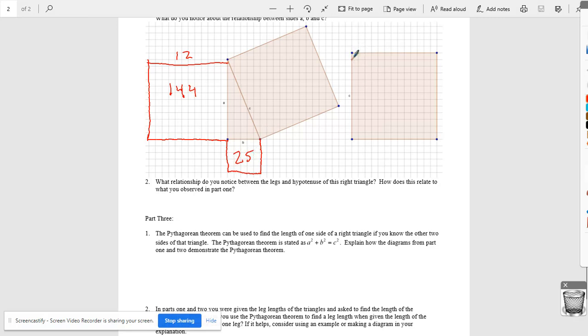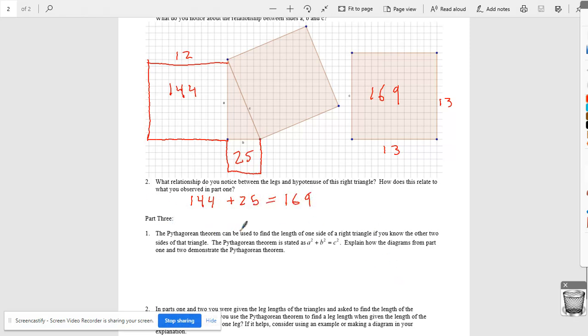This looks to be 13 by 13. What is the relationship between the legs and the hypotenuse of the right triangle? Well, we know 13 times 13 is 169, so we would see again that 144 plus 25 equals again 169.